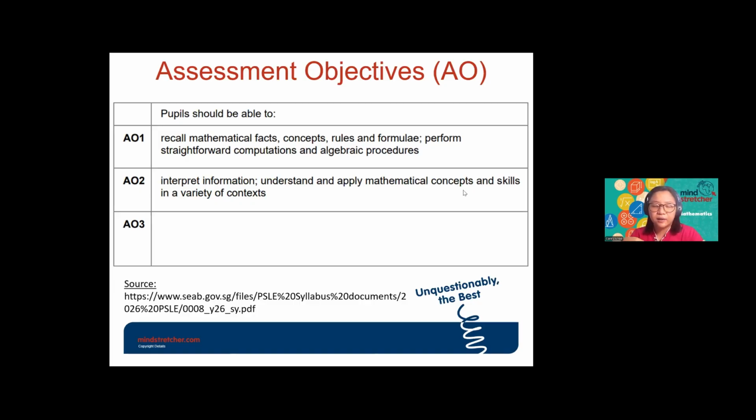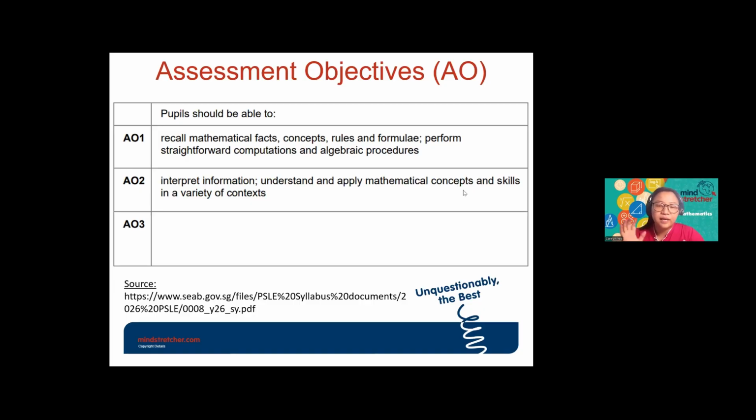Or is there any specific technique that you need to apply to get the correct concept to answer questions, right? So AO2 questions are usually about 2 to 3 marks. This can come out in your MCQ, the last 8 questions where they are all 2 marks. Or it could come out in your short answer questions where you are required to show 1, 2, or 3 steps to get the final answer.